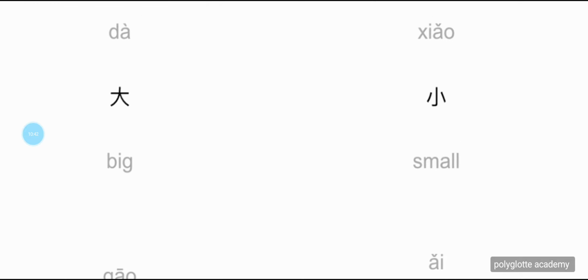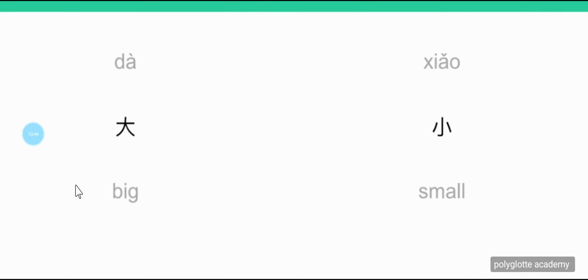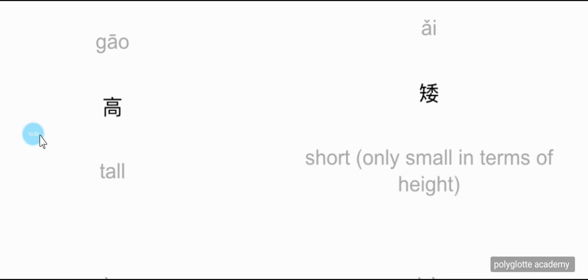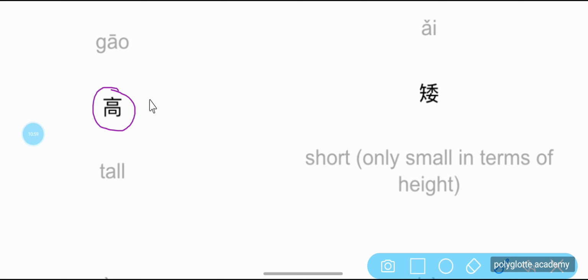Antonyms. So we just saw 大 which is big and 小 which is small. 好，继续. Now the next one will be 高. So we've not seen this, which is tall. Gao means to be tall. 太高了.